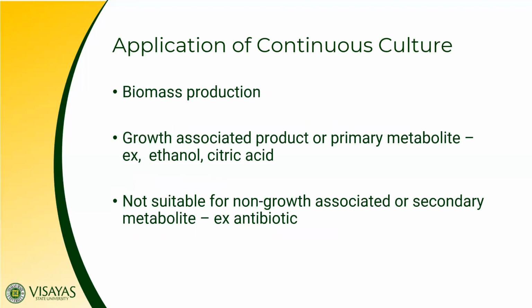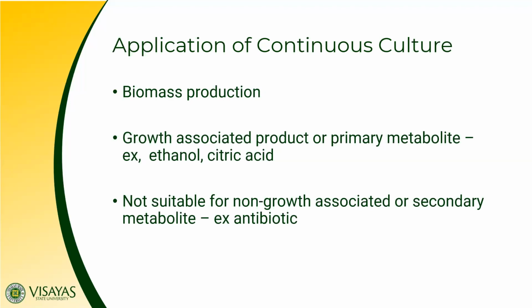Now, the application of continuous culture is for biomass production. If you want to produce a microbial starter for a particular product to be fermented, we can use continuous culture because it will have a constant rate of producing the biomass and also the product itself.